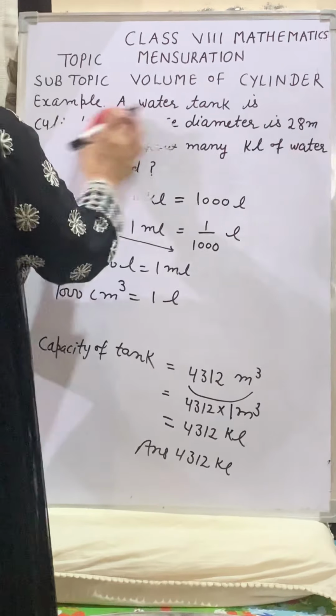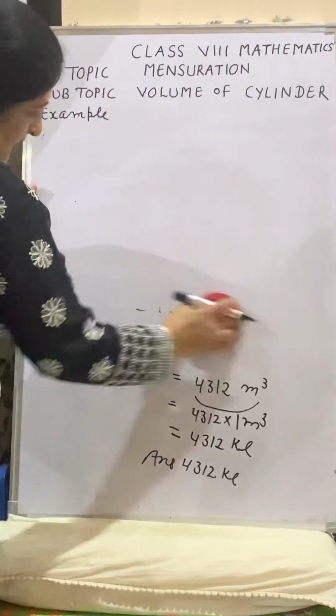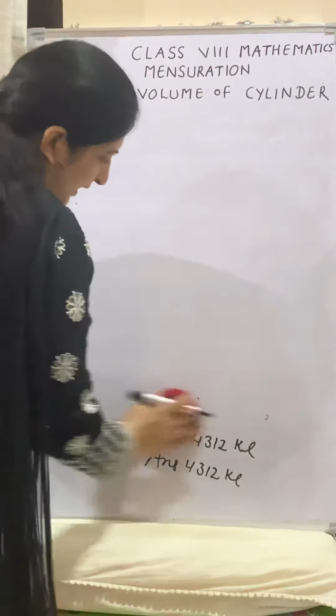Now the next example, which is very important. When a cylindrical object is made with a metal, there will be some thickness of metal. Example is this.